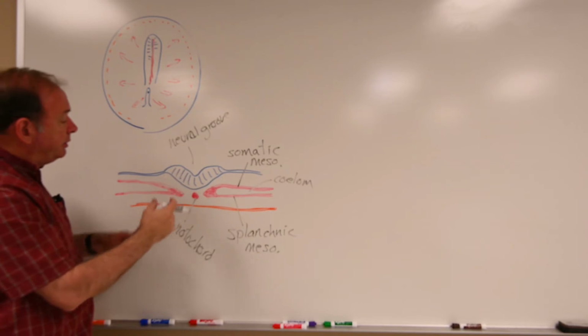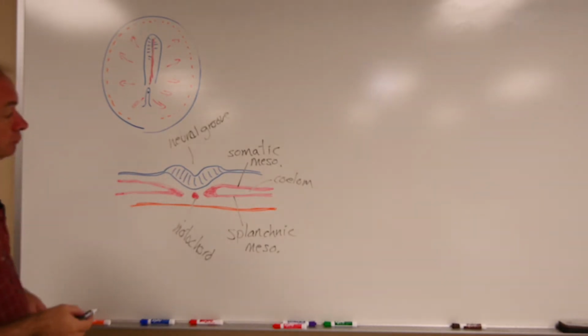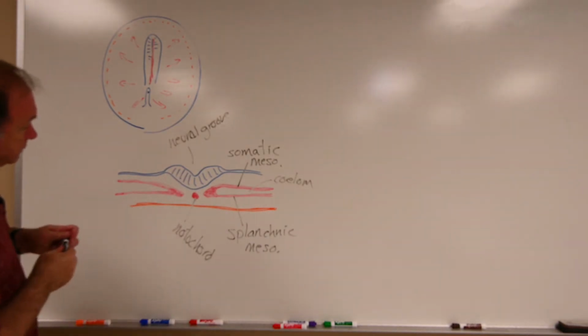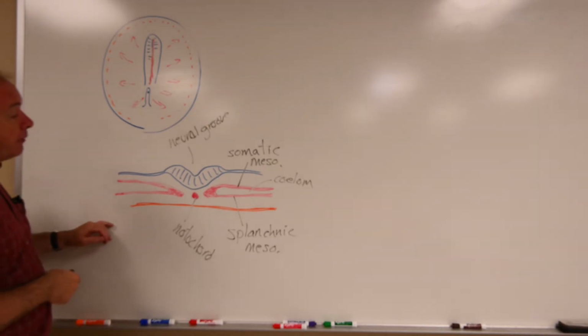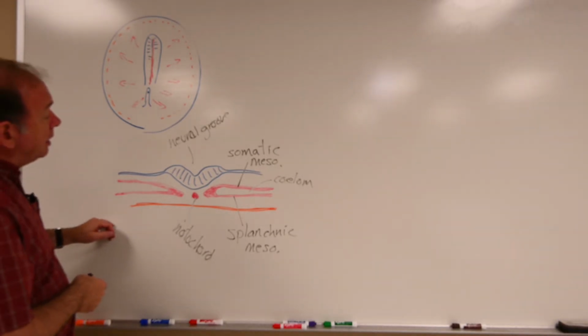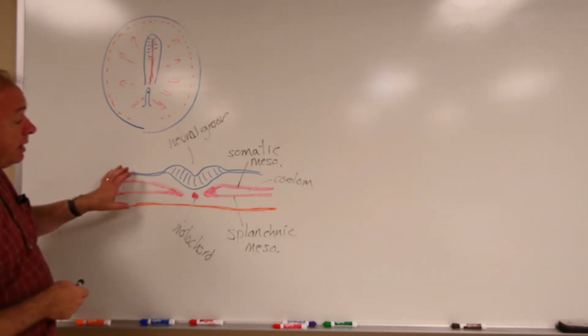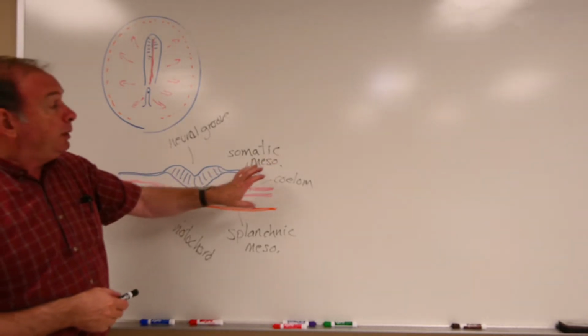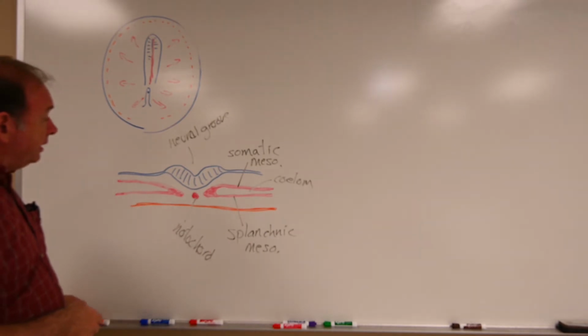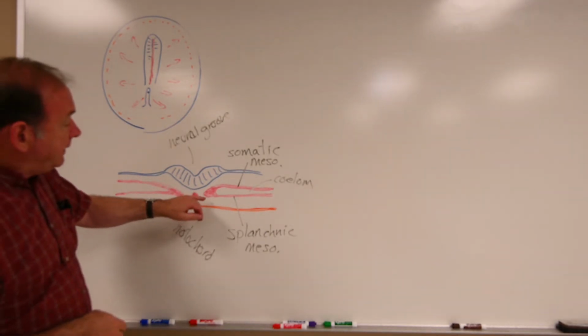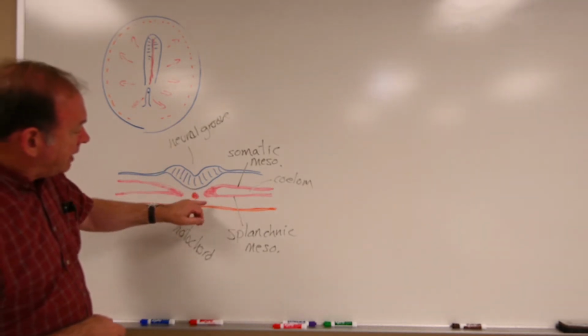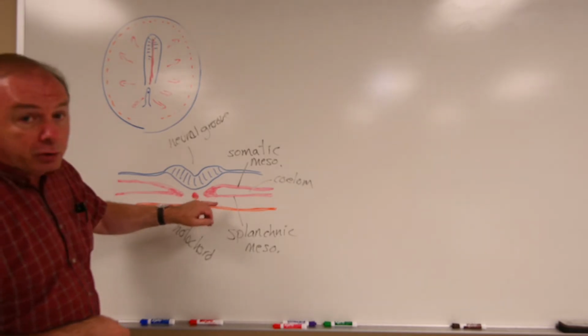It'll eventually form the neural tube. So the next drawing we make is going to be an expansion of this, show it a little bit further along in development to show what happens with this tissue, especially right here, lateral to the notochord.